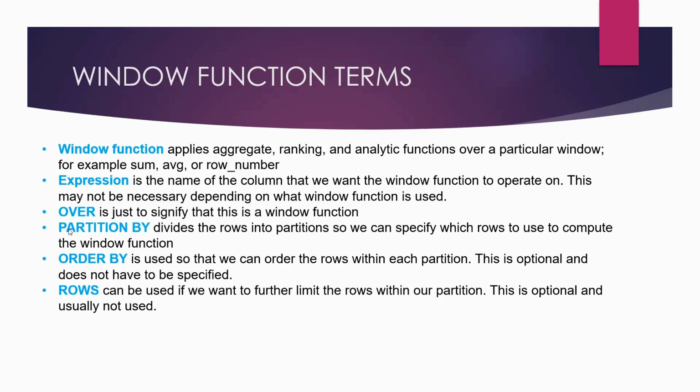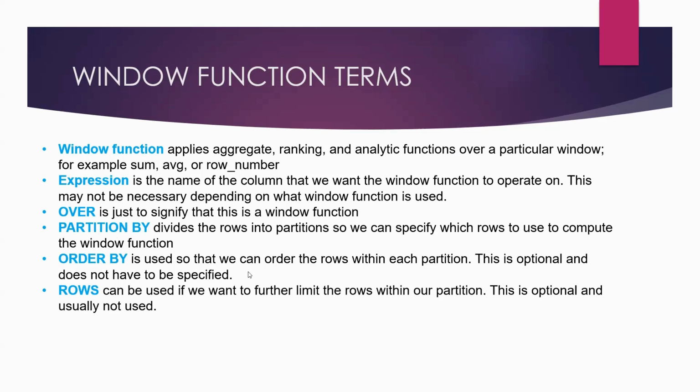Then we are using three things: PARTITION BY, ORDER BY, ROWS. PARTITION BY divides the rows into partitions, so we can specify which rows to use to compute the window function. When we do a practical example, you will get to know more clearly what PARTITION BY is. Then ORDER BY is used so that we can order the rows within each partition.